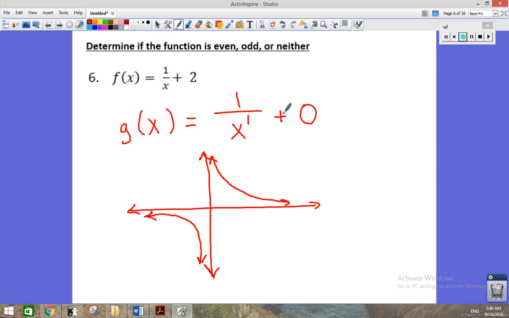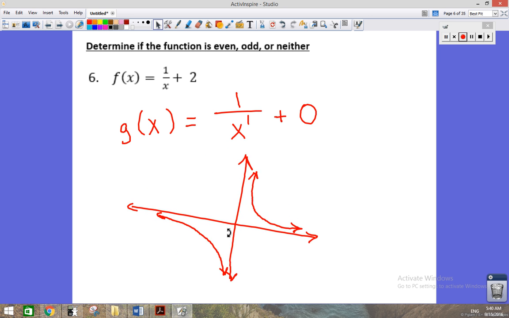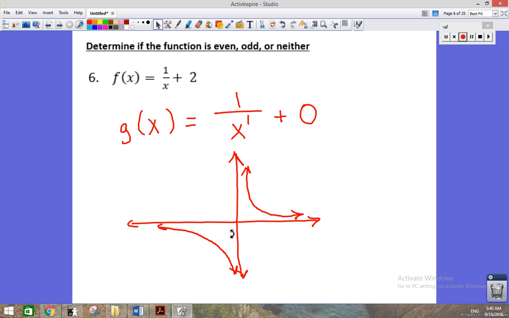Okay, and if I'm adding 0, then I'm not lifting this graph up or down, and if I spin this graph about the origin, I get the same graph. Okay, now what if I were to have lifted that up by 2 units? What would I have? Well, let's do it in a different color here.